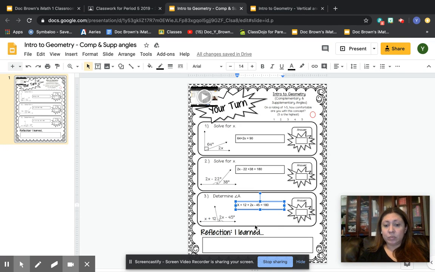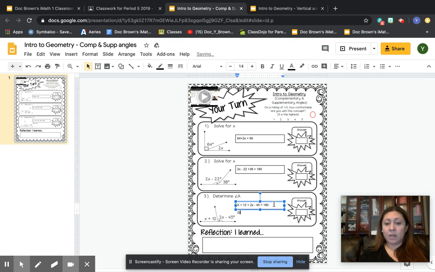Solve that. Whatever you get for x, then plug it in here. What do I mean by plug it in? You're going to get 2 times whatever x was, plug it in there, minus 45, and then solve it.